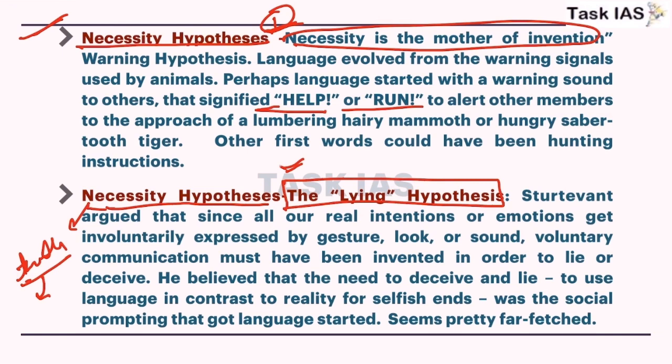But when humans tried to tell a lie, they had to make some sound so that they could control their expression, and tell what they were not actually feeling. So it was the necessity to tell a lie that led to the origin of communication.